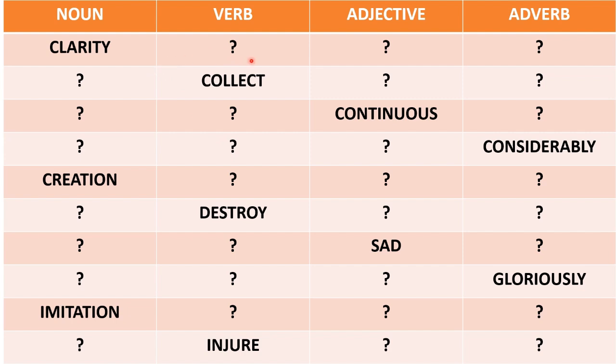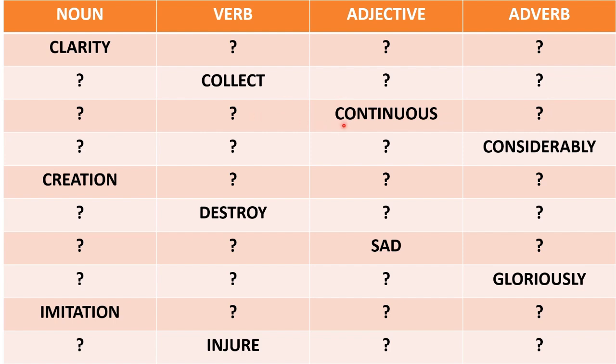And wherever there is a blank, you have to find out that form. For instance, clarity is given. Now you have to think, what can be the verb of clarity, adjective and adverb? Then in the next one, we have the verb which is given, collect. So what will be the noun, adjective and adverb?